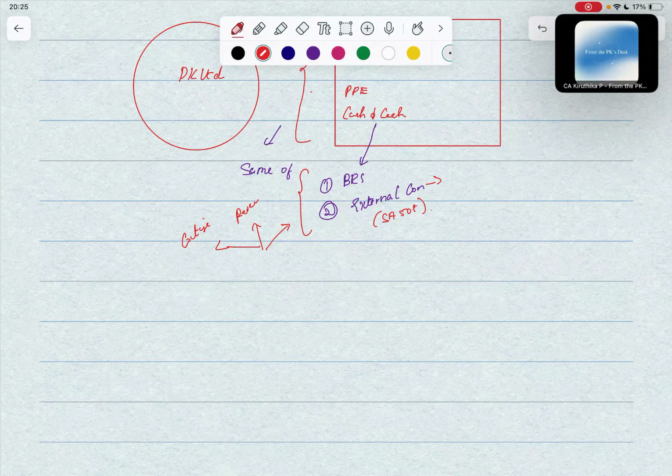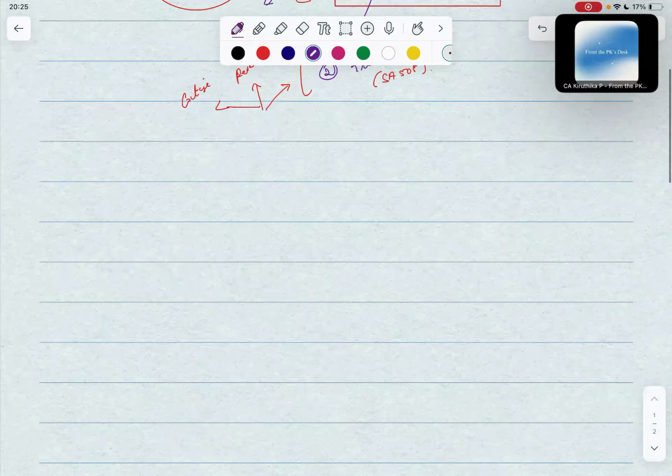So now here's the question. Should the users of the financial statements know which areas were most challenging for the auditor, or most significant to the auditor when the audit was being performed? Yes, right. So that is exactly why key audit matter was introduced.